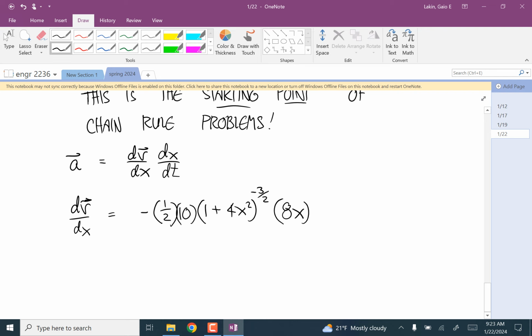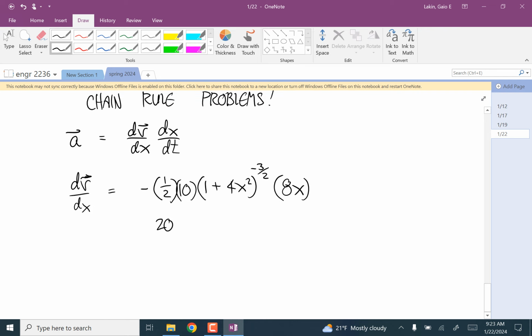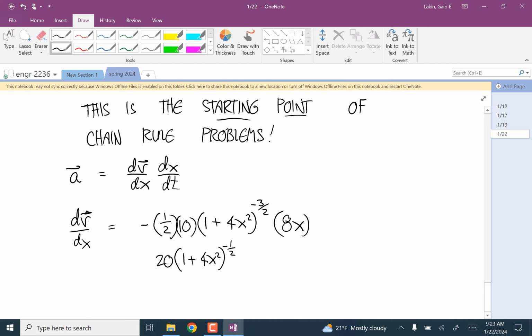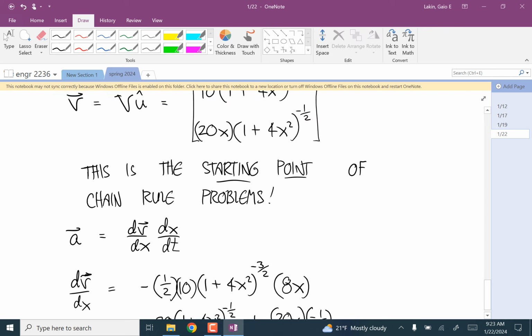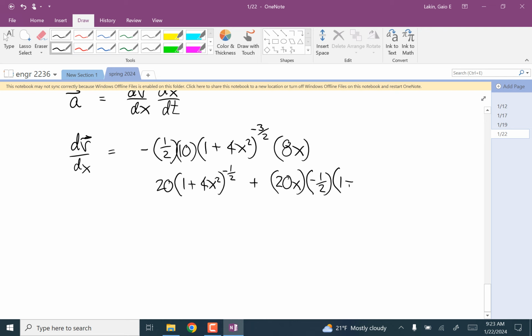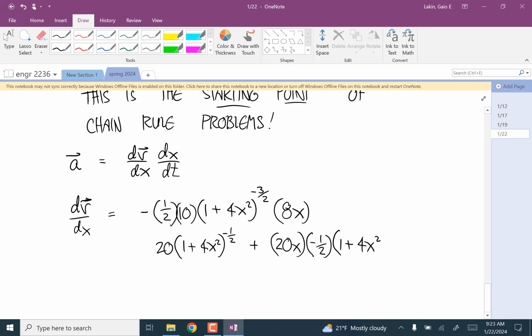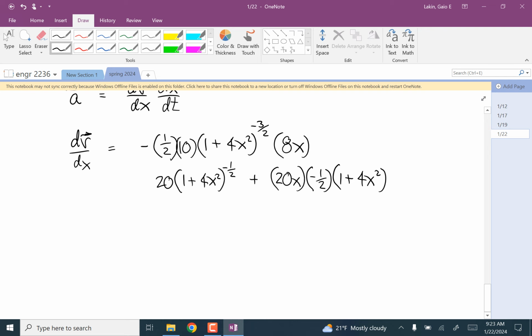So we have 20 times 1 plus 4x squared to the negative 1/2, plus 20x times negative 1/2 times 1 plus 4x squared to the negative 3/2 times 8x. Obviously, you could simplify that some.